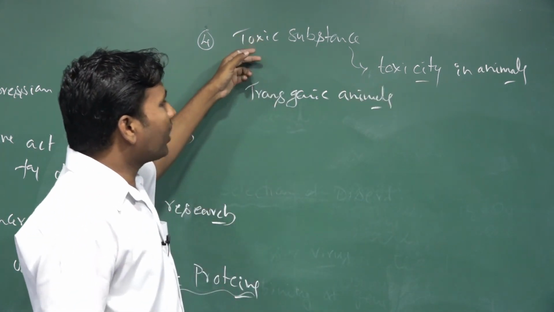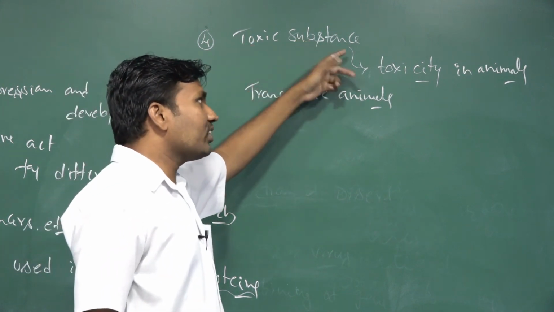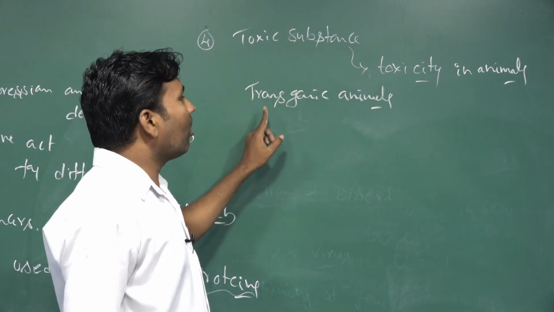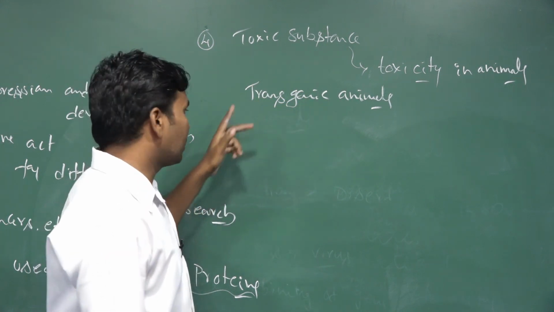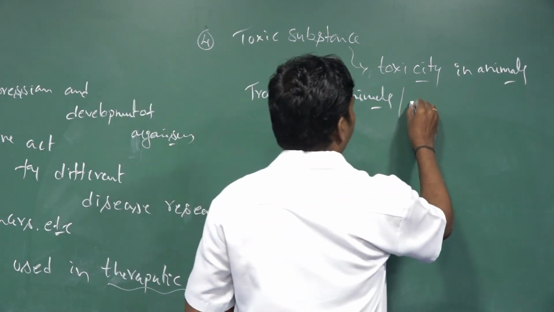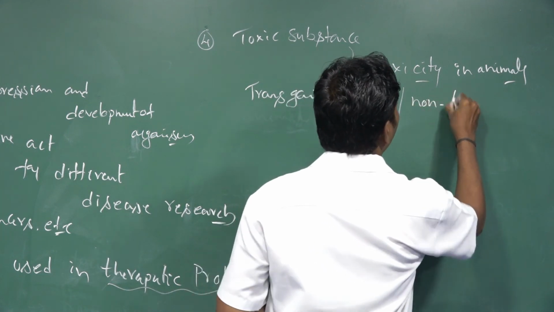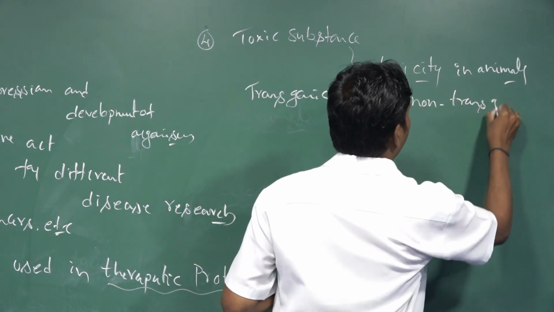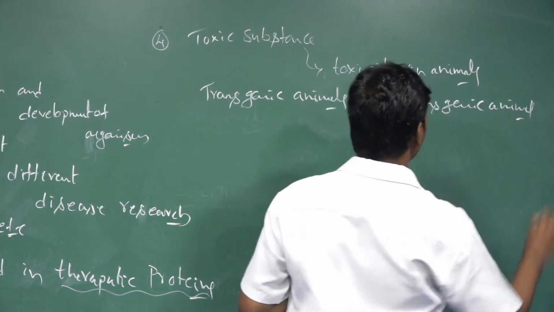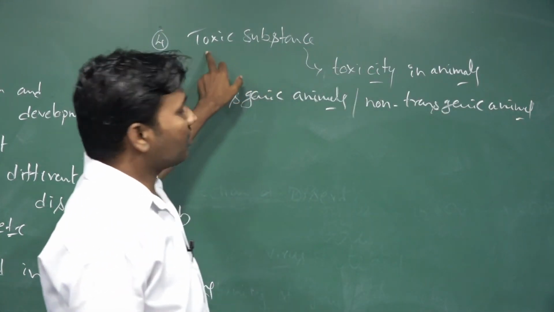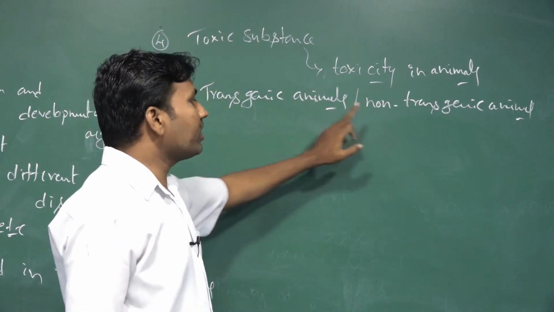How are we going to identify the toxicity? We take transgenic animals and non-transgenic animals, these two, and we inject the toxic substance into both animals.